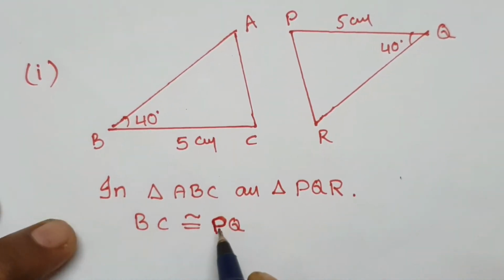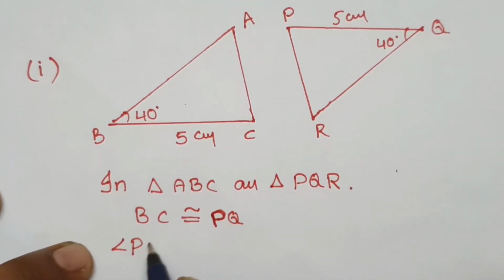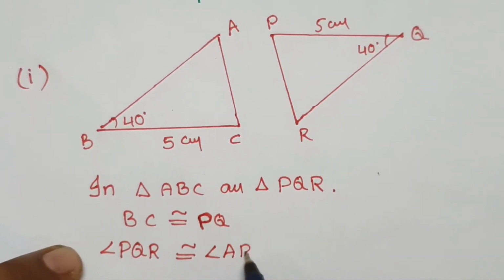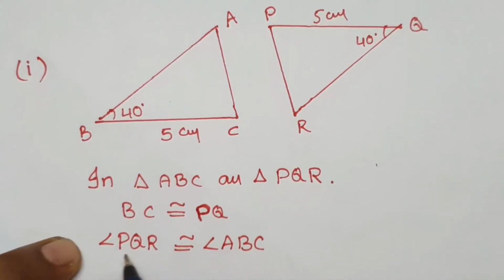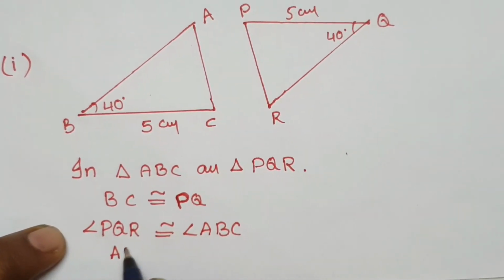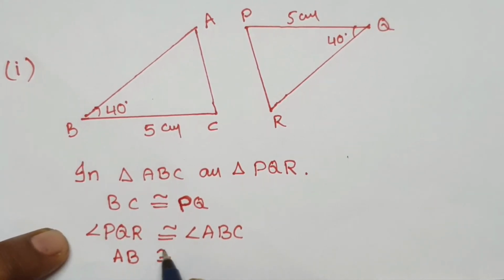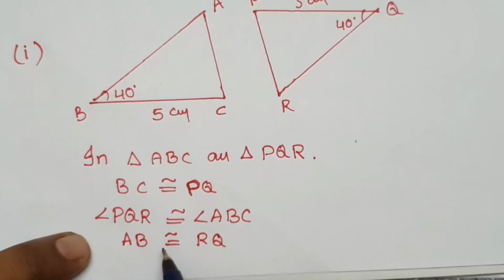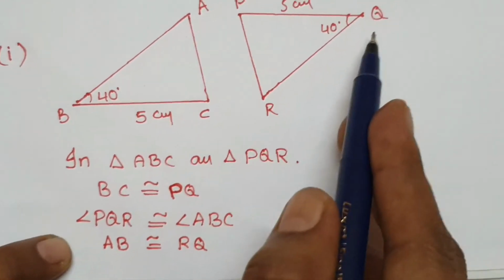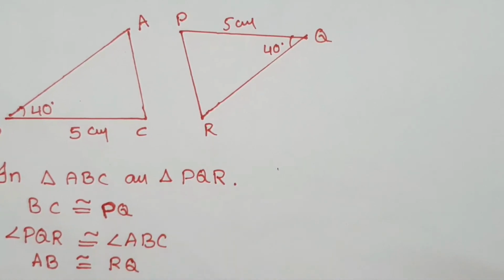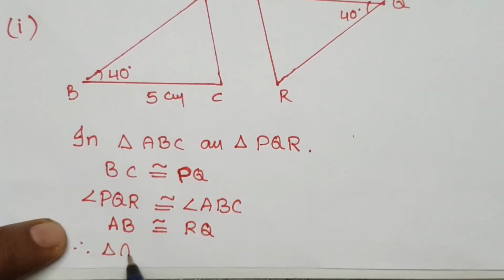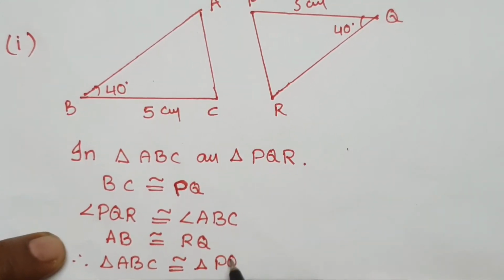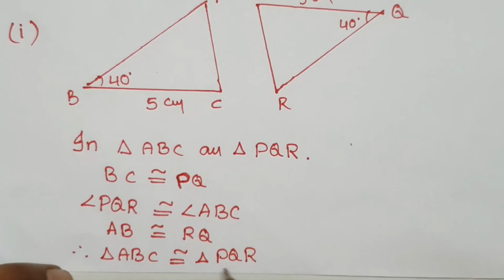BC is congruent to PQ, and angle ABC is congruent to angle PQR, and side AB is congruent to side RQ. Finally, therefore, triangle ABC is congruent to triangle PQR. These two triangles are congruent.